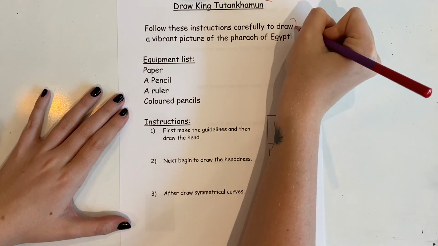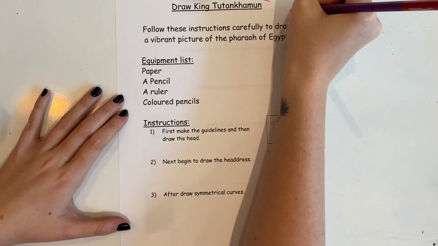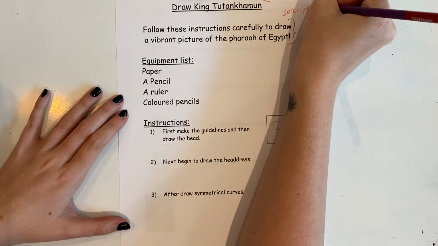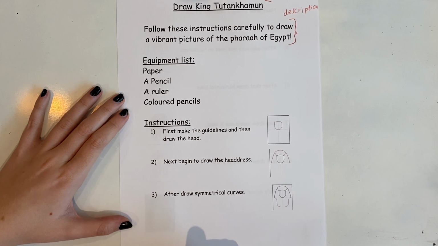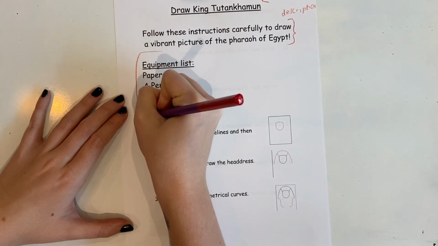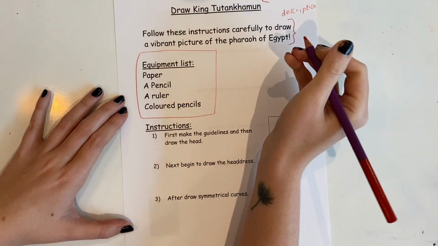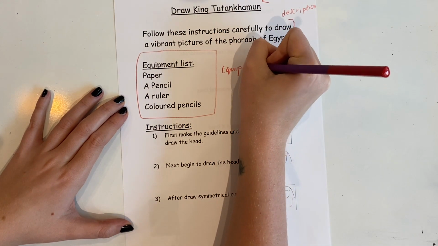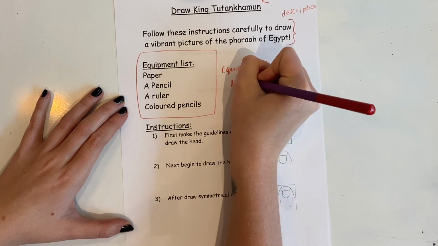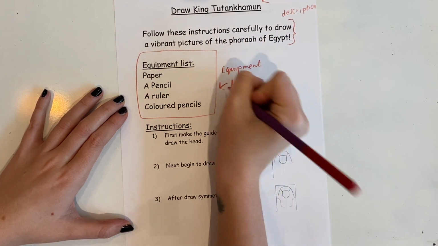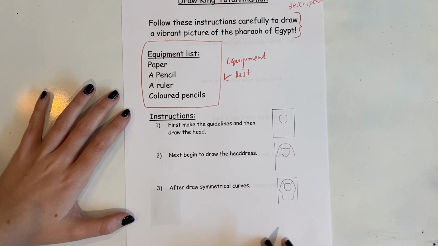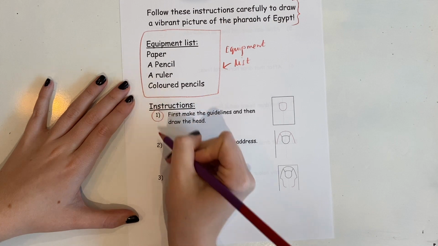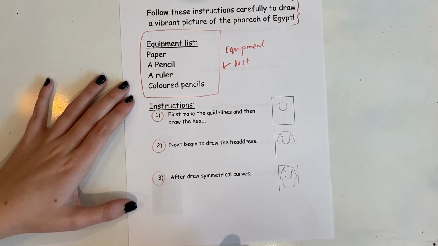And here we have our statement of what is going to be achieved, or in other words, our description. We also have an equipment list, so all the things we're going to need for this activity. There are also numbered points to show us the order of the instructions.